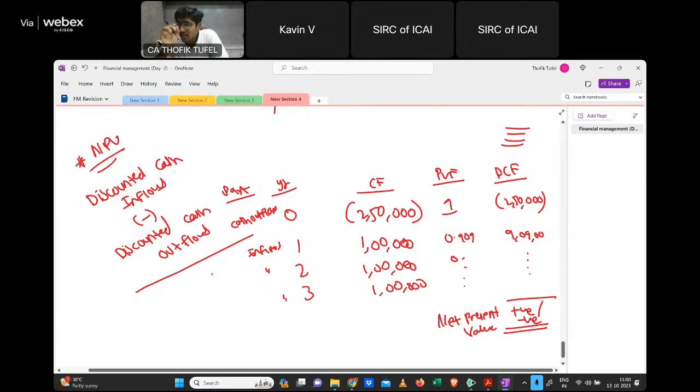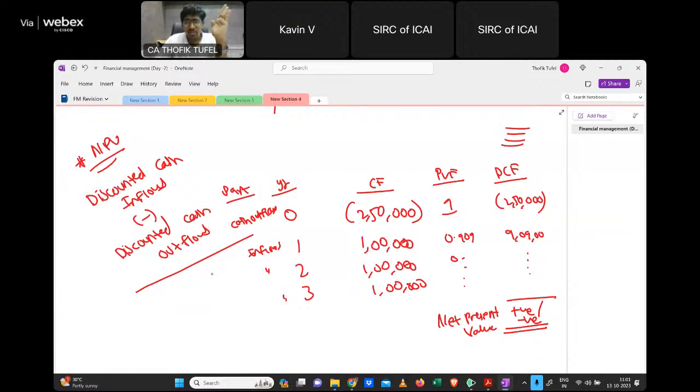If you are discounting the entire amount with 10 percentage, or with 15 percentage, what is the amount that is remaining? It can be positive also, it can be negative also. Suppose if it is positive, after having this 10 percentage, you are remaining some amount. So that is why net present value is positive. So net present value is nothing but the total of the net cash after considering the time value of money.